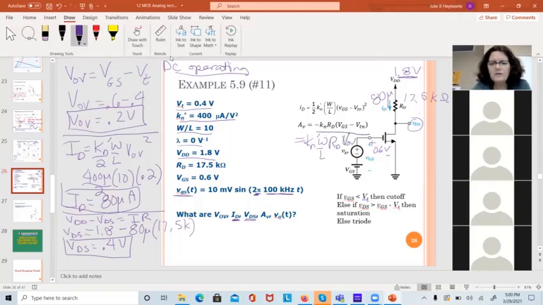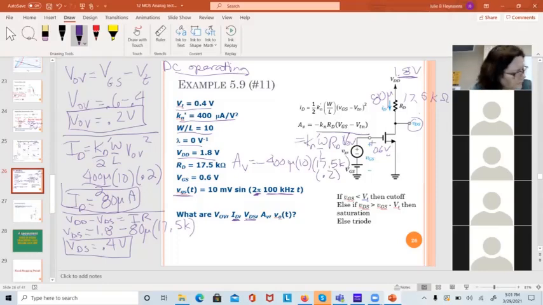So we can get the voltage gain. I'm just going to do it up here. AV, there's a negative sign in there. 400 micro times 10 times, what the heck was our RD? RD is 17.5K. And my VOV was 0.2.